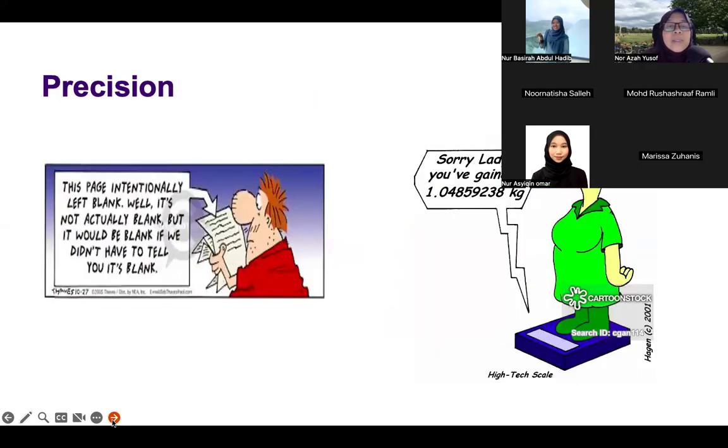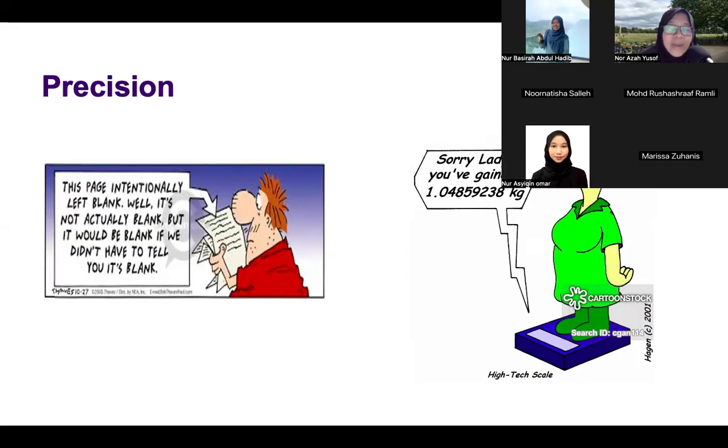Let's look at precision. If you look at these two cartoons, on the left side: "This page is intentionally left blank. Well, it's not actually blank, but it would be blank if we didn't have to tell you it's blank." From the cartoon, we know that the statement is very precise in telling that it is blank.